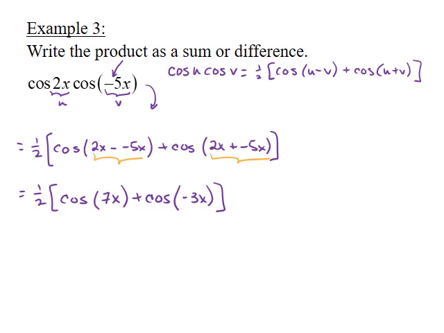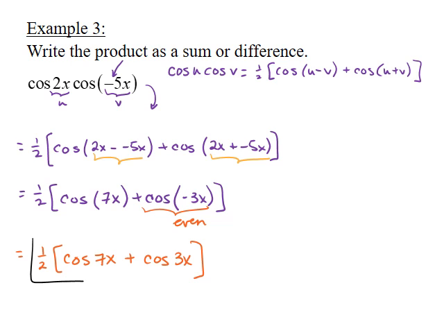All right, recall that cosine is an even function, so if you have a negative argument, you can rewrite it as positive. So 1/2 of cosine of 7x plus cosine of 3x. These are not like terms, so this is the final answer.